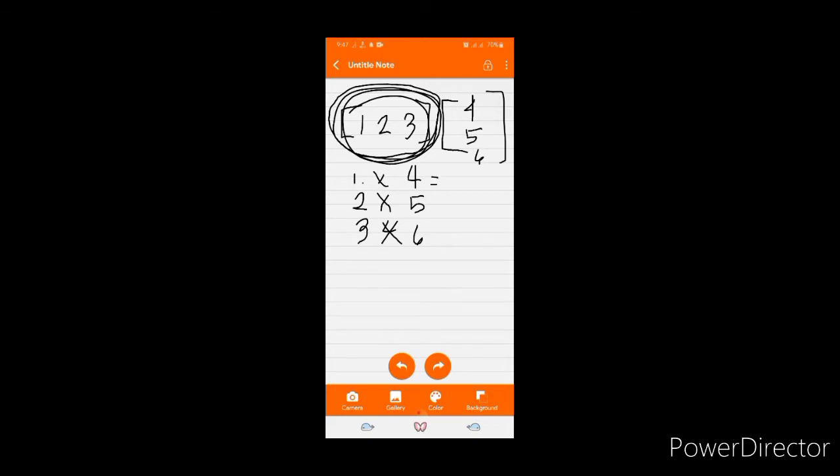Then multiply: 4 times 1 is equal to 4, 2 times 5 is equal to 10, and 3 times 6 is equal to 18. Then find the sum of these three. 4 plus 10 is equal to 14, plus 18 is equal to 32. So the result of this multiplication is 32.